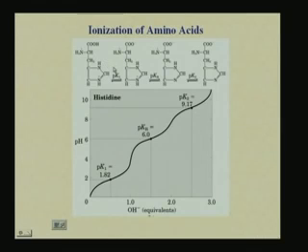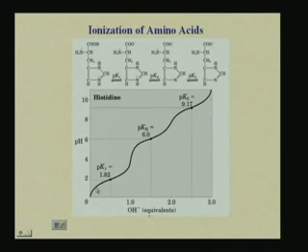As we increase the OH minus additions, what's going to happen is I am going to lose this proton, right? As I lose this proton, what is the next one that I am going to lose? The one belonging to the side chain. The last one that I am going to lose is the one belonging to the most basic group, which is the amine group.